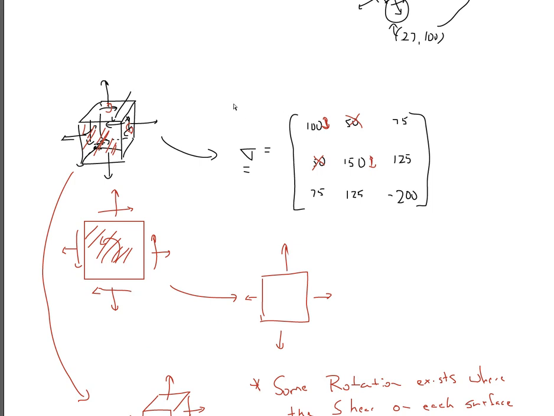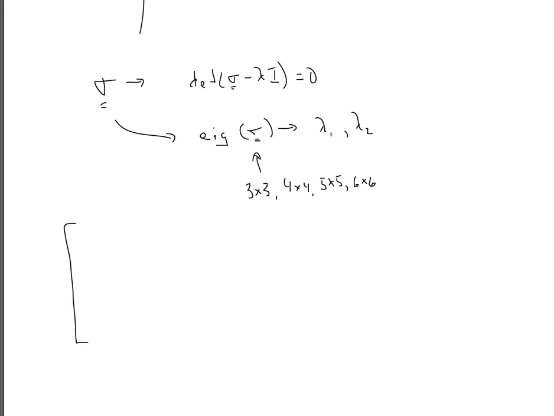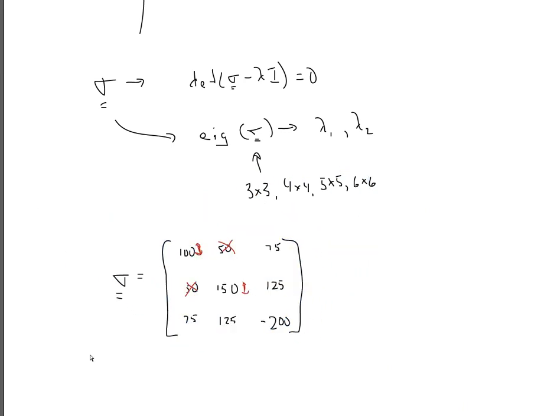It doesn't matter to MATLAB whatsoever. I can just type in this matrix and say, hey, what is the eigenvalue of R? And it's going to give me lambda 1, lambda 2, and lambda 3. So let's go ahead and do that real quick. Let me get MATLAB started up.